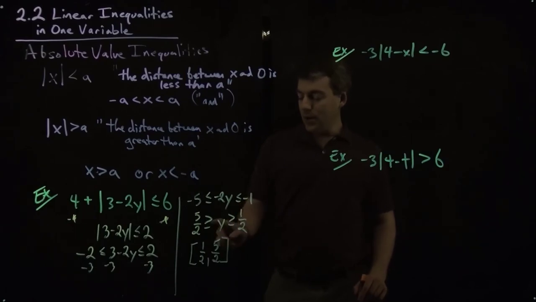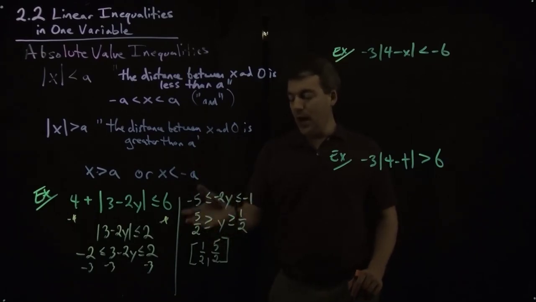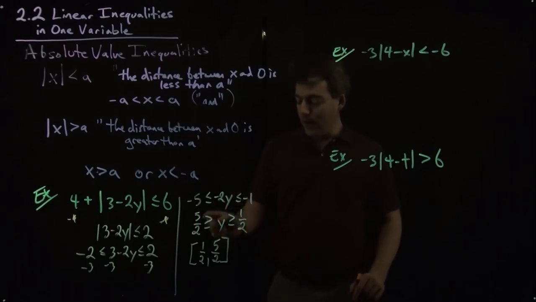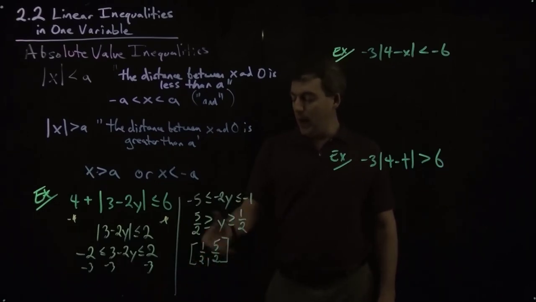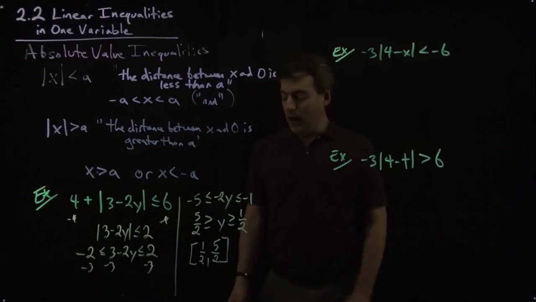So y is between 1 half and 5 halves. So always put the smaller number first. Okay, and you could graph that on a number line as well.